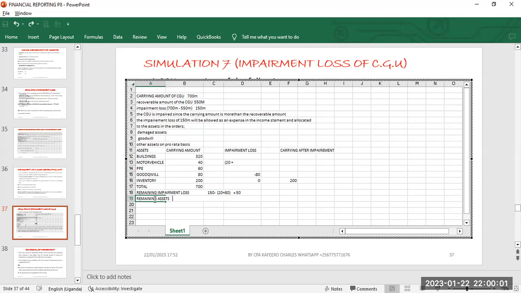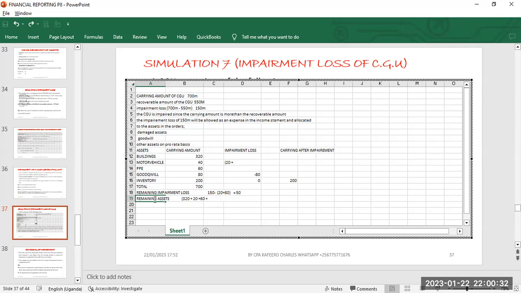Of course, the remaining assets will have a total of, we are adding the buildings, we did not tackle them, they are 320. We add the 20 million that is the balance from this motor vehicle, because we only removed the 20. Then we also add the PPE, which is 60.